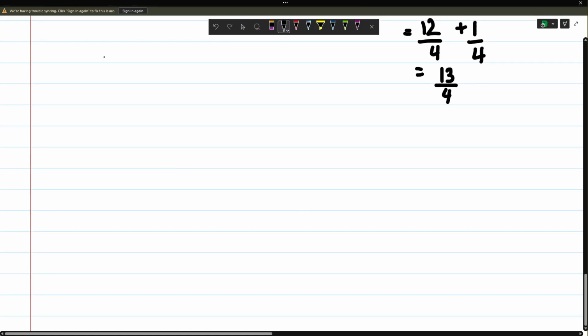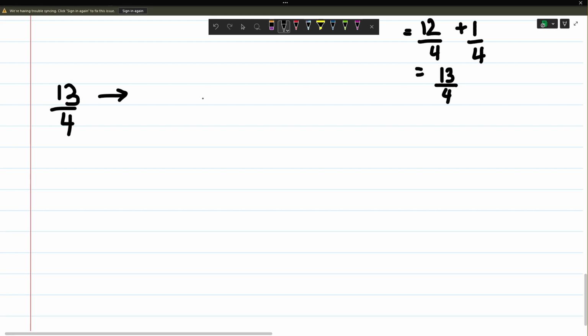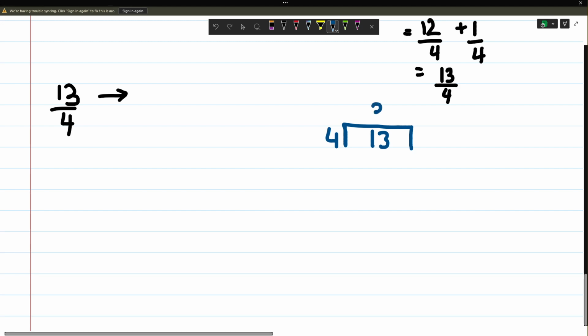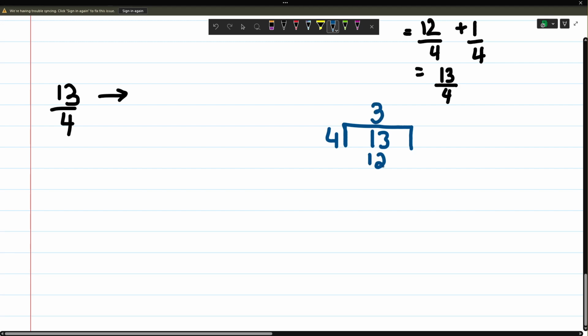Similarly, if I tell you the reverse thing कि मुझे 13 upon 4 है, I want you to change it into mixed fraction. Can you do that? Yes. You're going to divide using the hat method, right? So 4 ones are 4, 4 twos are 8, 4 threes are 12, and 1 remainder.